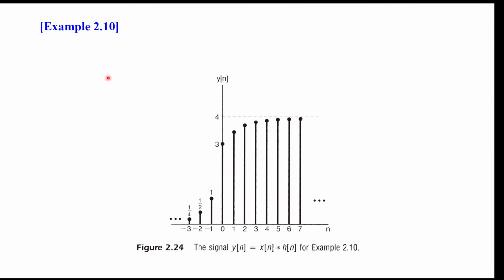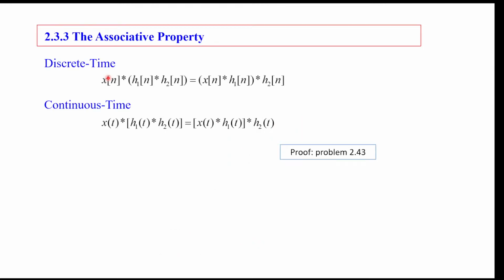And then finally, we have the third property of multiplication: it is associative. It says x[n] convolved with (h1[n] convolved with h2[n]) equals (x[n] convolved with h1[n]) convolved with h2[n], and similarly for continuous time.